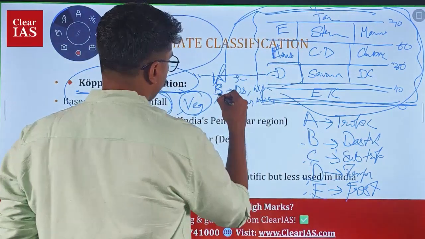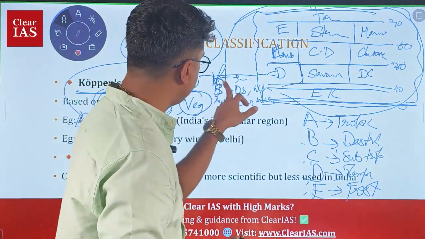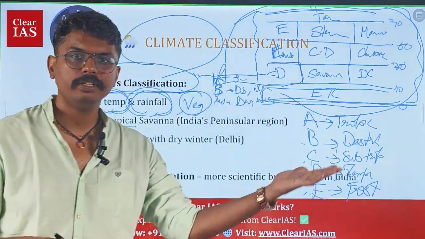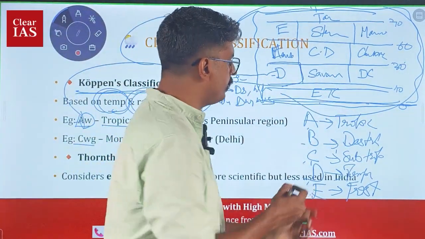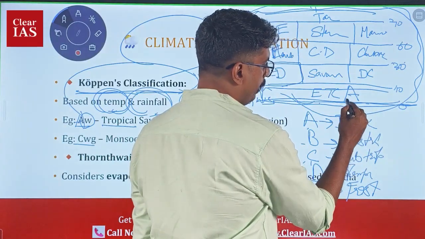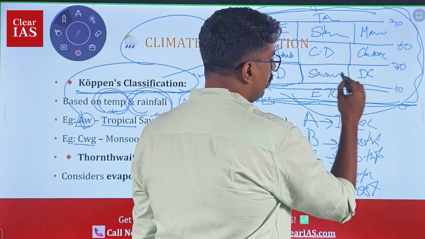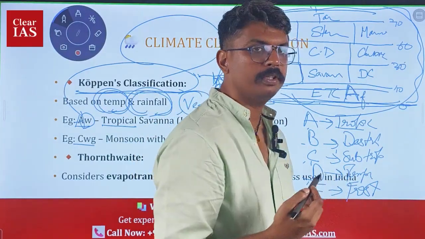Small f shows rainfall throughout the year. So in this equatorial region, A means tropical, hot, the temperature would be A, and small f describes that there is rainfall throughout the year.